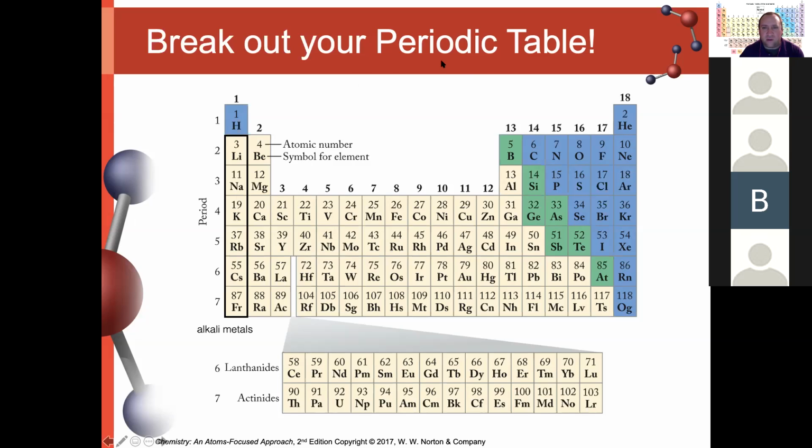Closely related to those, if we go just next door, these are the alkaline earth metals. And these ones are characterized primarily by the fact that they are also reactive with the air. They are also reactive with water, but to a much lesser degree than the alkali metals are. The alkali metals are very explosive in their reactivity.